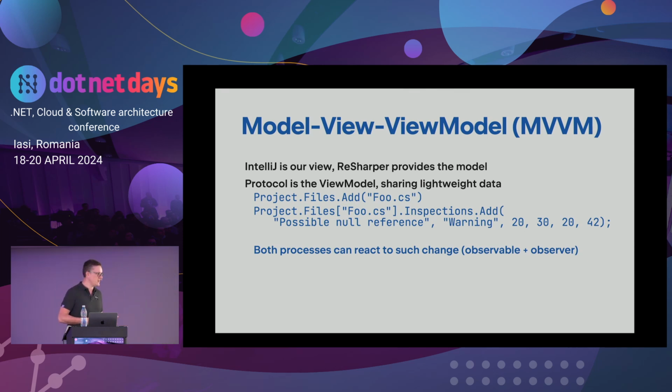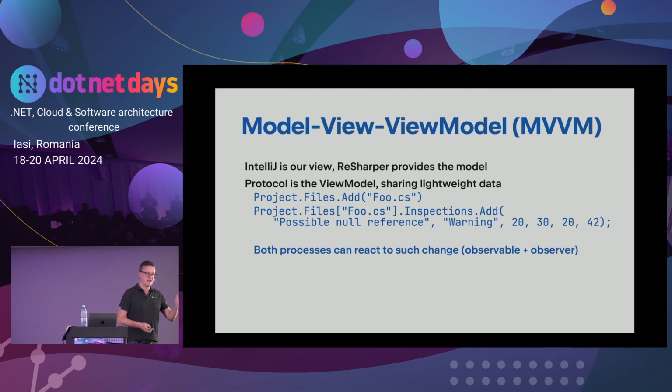So the general idea, and this is pseudo code, but essentially the idea would be you have a project collection that would have a files collection, and you can say, add me a file called foo.cs, and both sides would know, OK, we need a new file, open up an editor or something like that. In that foo.cs file, I could also index that on that project and files collection. There's an inspections collection on there, and I can just add something in there saying potential null reference.